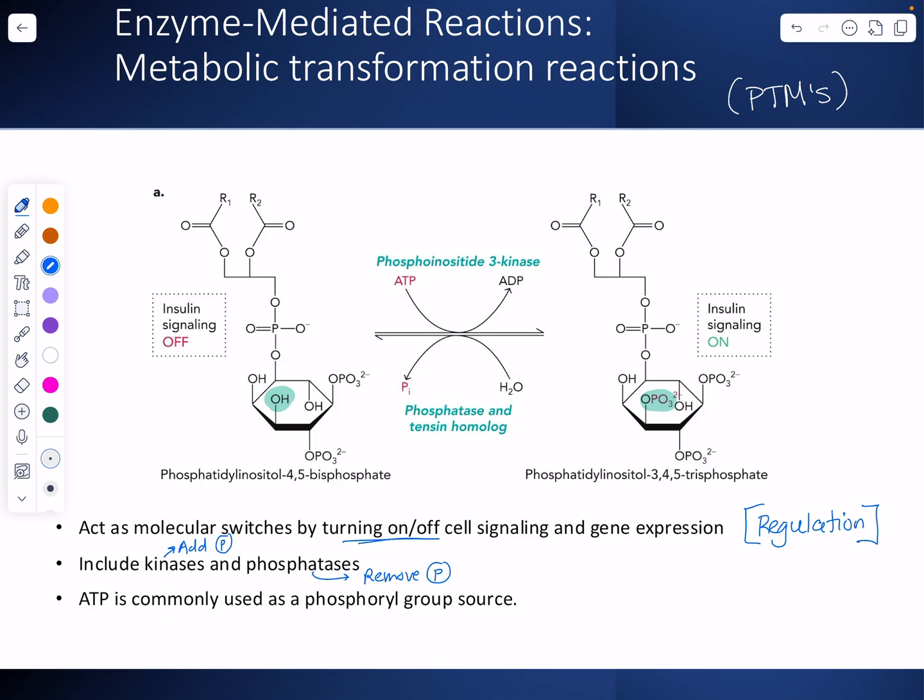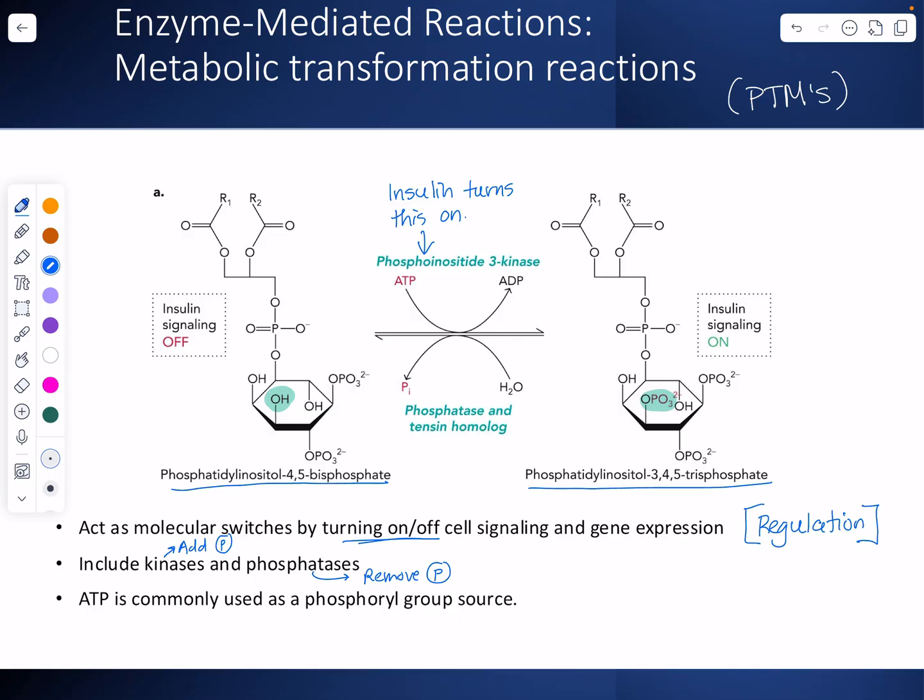So insulin turns this enzyme on, and that enzyme then phosphorylates this substrate right here, and it generates this product here.